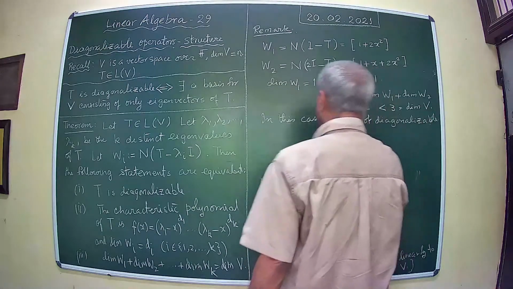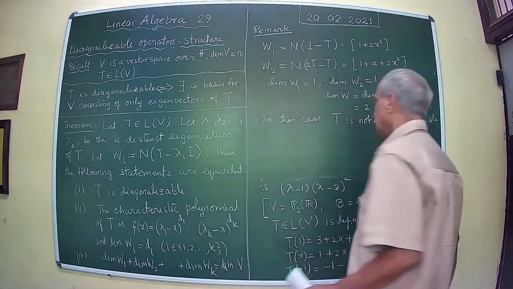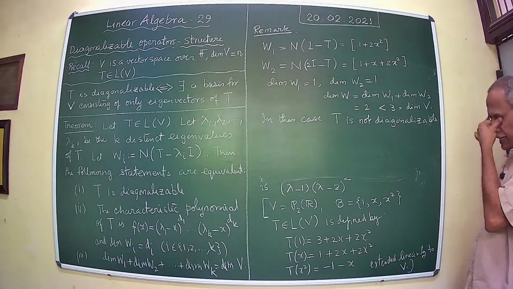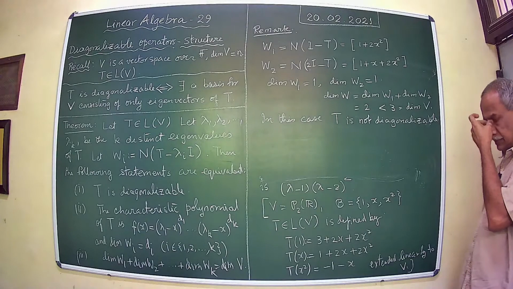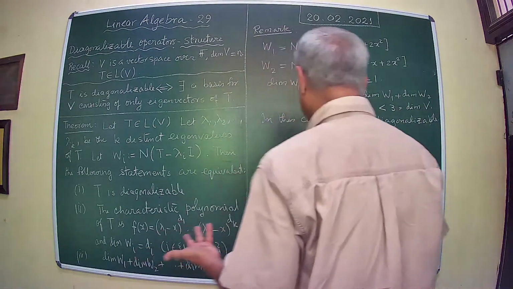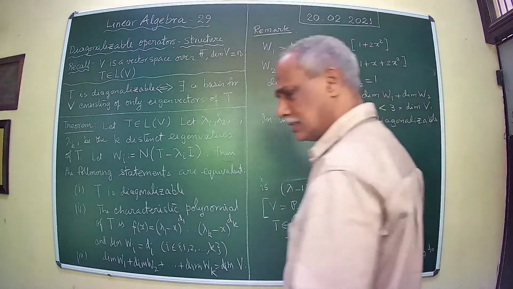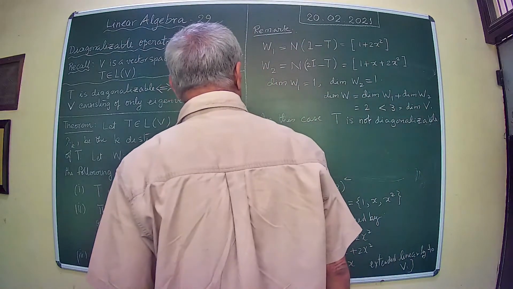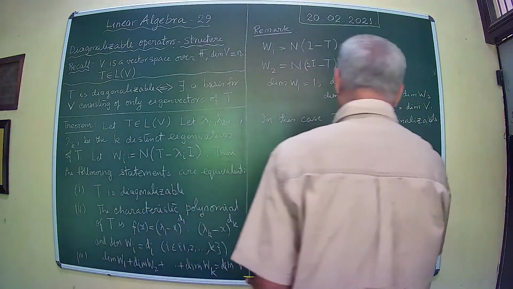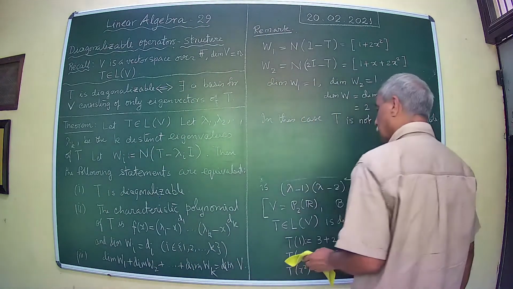So this is an example where the null space of T minus lambda I, or null space of lambda I minus T, whichever way you want to call it, is not equal to the algebraic multiplicity, whereas the algebraic multiplicity of 2 is essentially equal to 2.